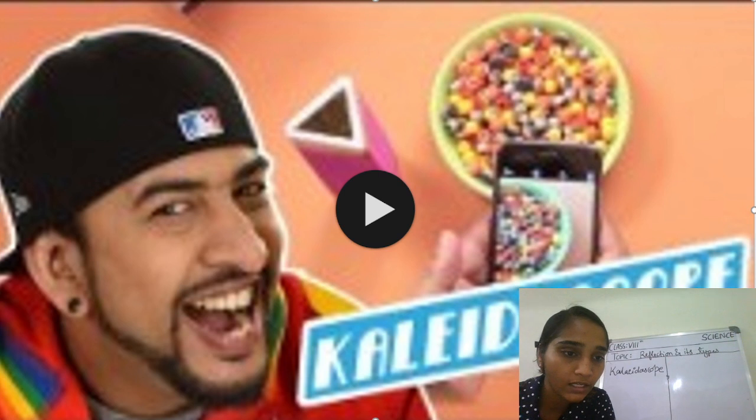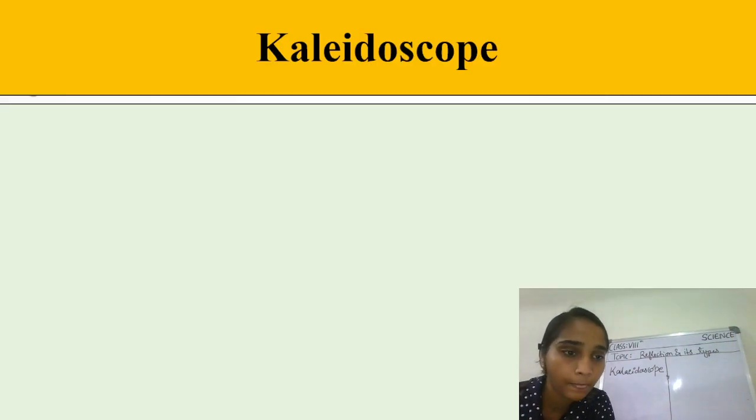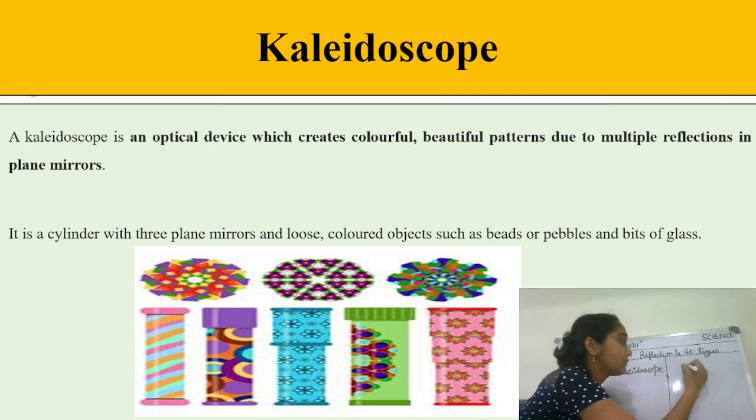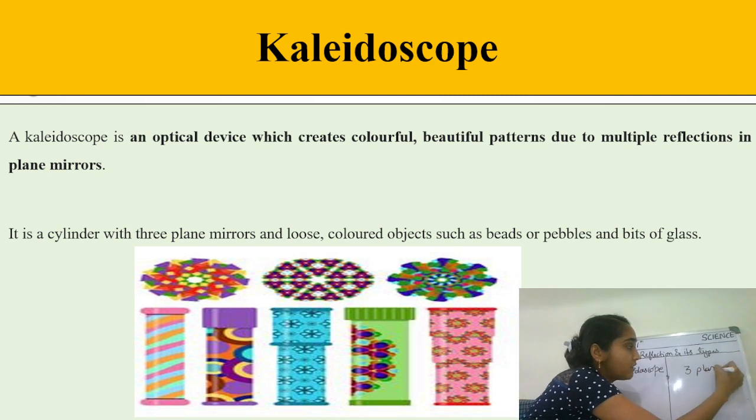So let us discuss what a kaleidoscope actually is. Students, a kaleidoscope is an optical device which creates colorful, beautiful patterns due to multiple reflections in plane mirrors, because we have taken three plane mirrors, right?